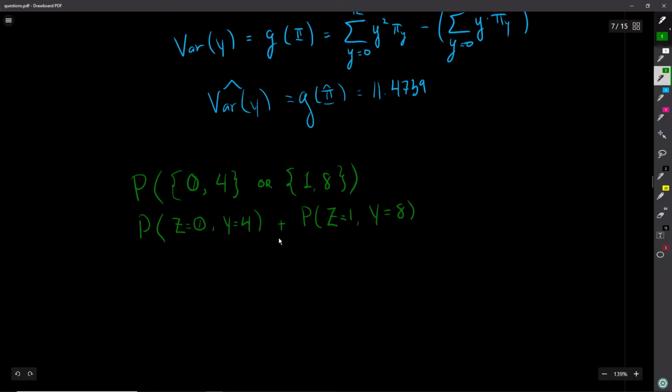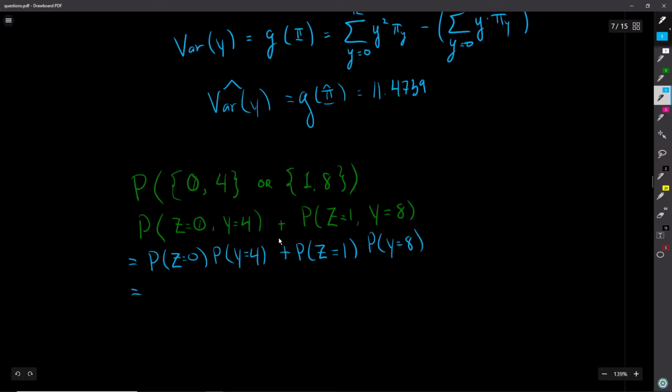What we would actually need here is the joint probability of z and y. But luckily in this question, I stated that these things are independent, so we can write this as the probability that z equals 0 times the probability that y equals 4, plus the probability that z equals 1 times the probability that y equals 8.